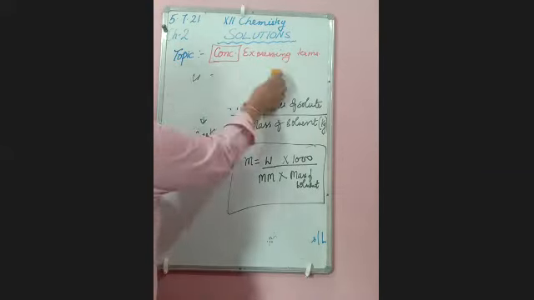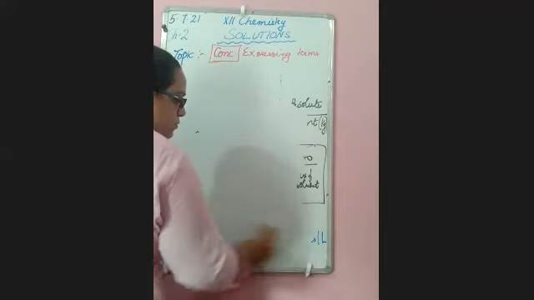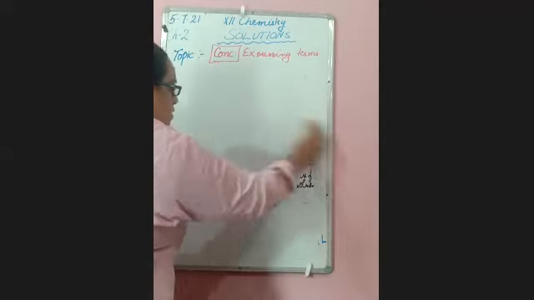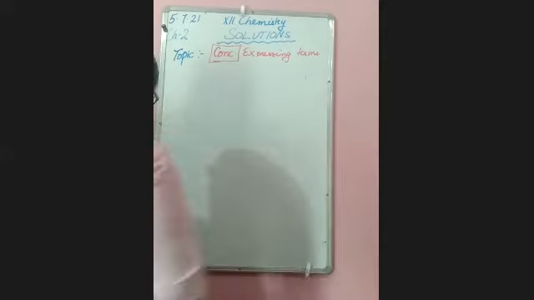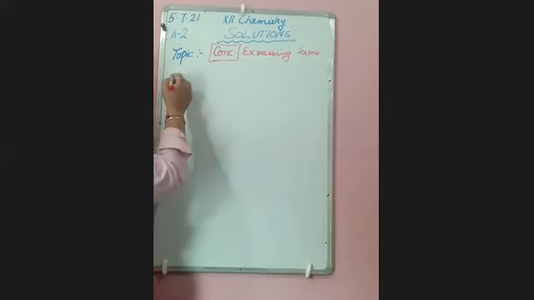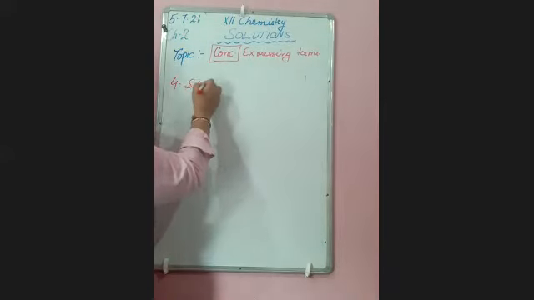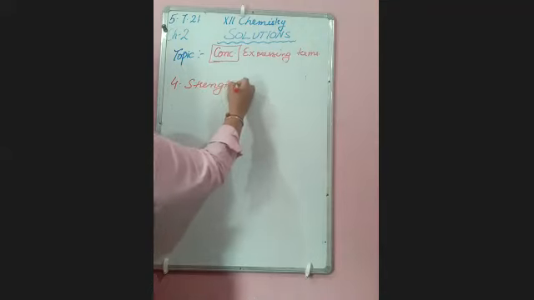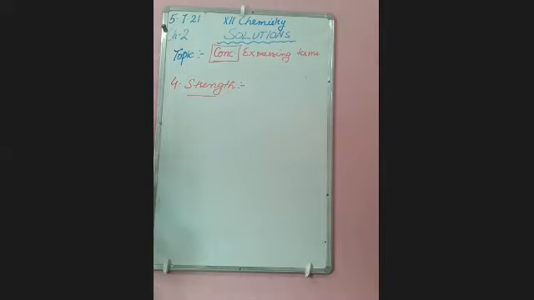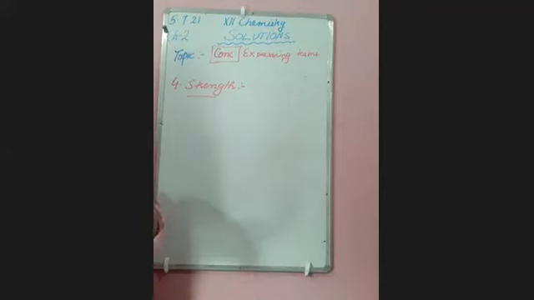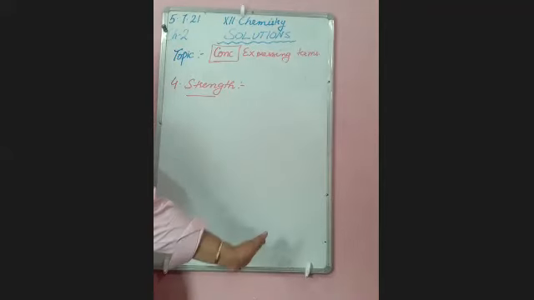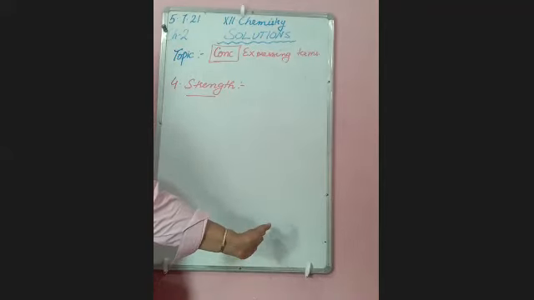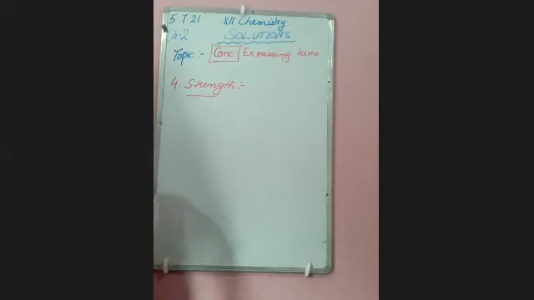Next is strength. Strength and molarity are almost related. Strength is the amount of solute in grams. I repeat, here the solute should be in grams, present per liter of the solution.